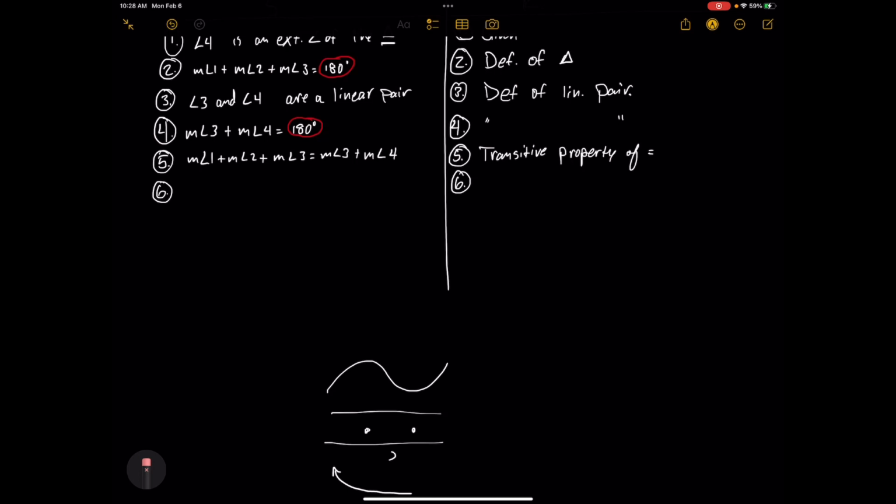What are we trying to prove? Measure angle 4 equals measure angle 1 plus measure angle 2. Very good. Now, William, she took that one. This one's for you. How do we get from here to what she just said?